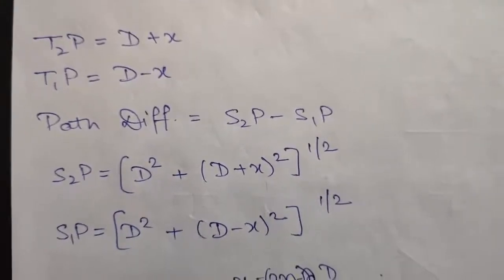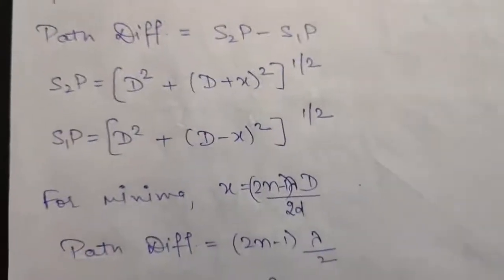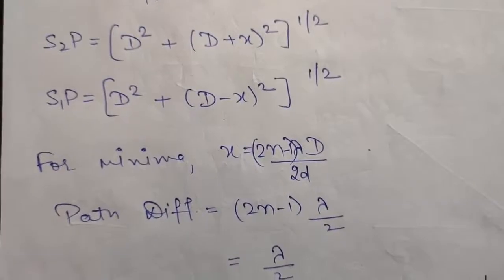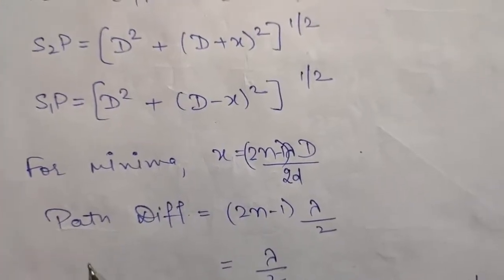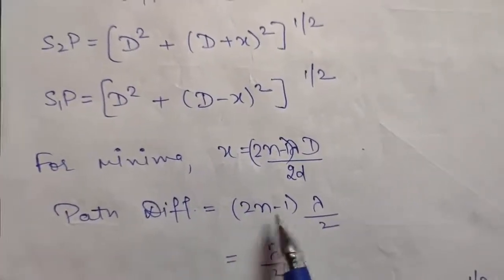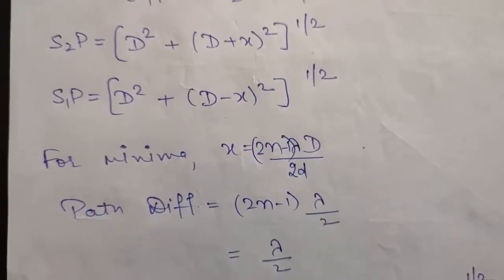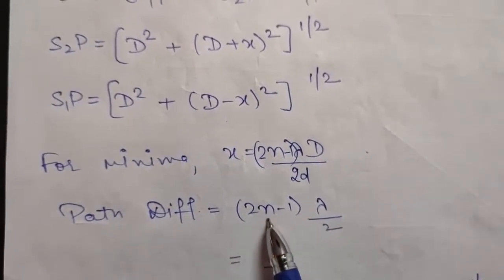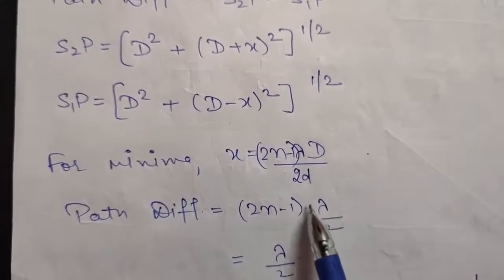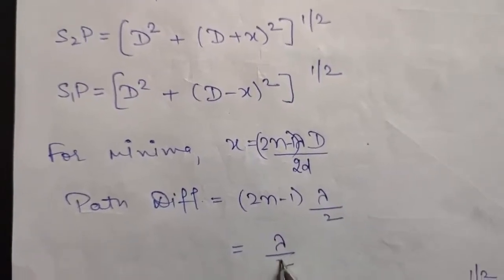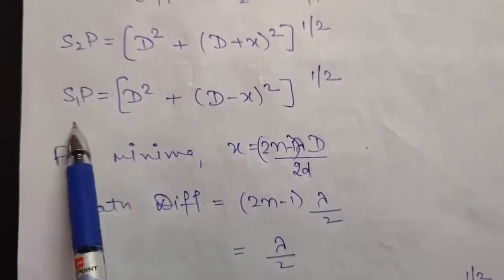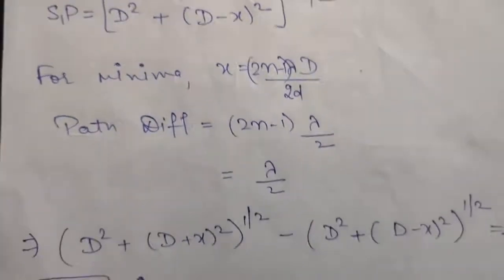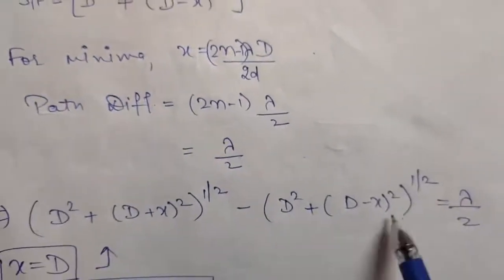Okay. Now to calculate path difference, because you are asked to calculate minima, as you know, path difference for minima is 2n minus 1 lambda by 2, and for first minima n will be equal to 1. So when n is 1, this will become lambda by 2. That means S2P minus S1P should be lambda by 2.